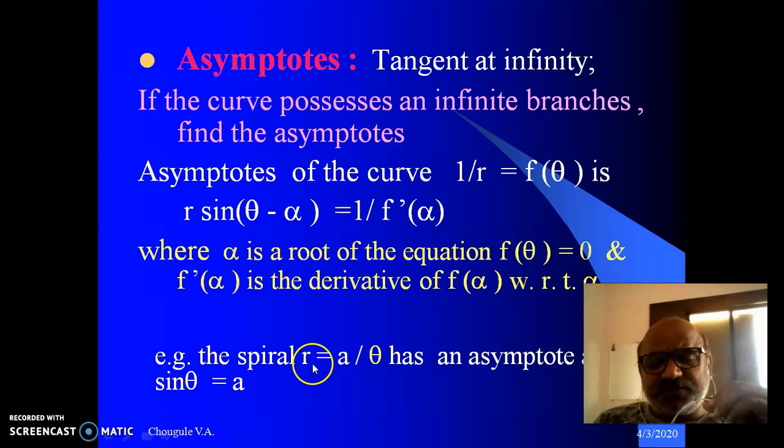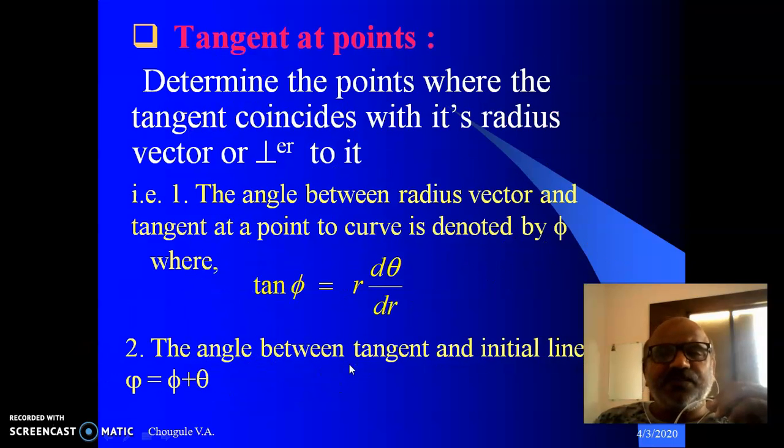For example, the spiral r is equal to a by theta has an asymptote: here f dash theta is equal to 1, so we get r sine of theta minus alpha is equal to 1. You can calculate that to get the answer.